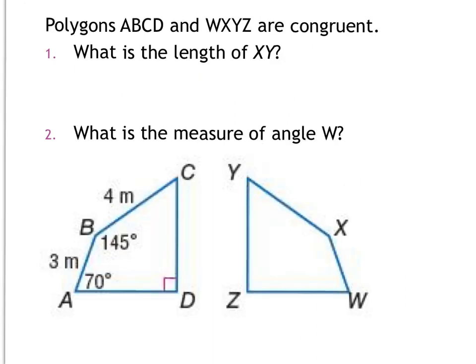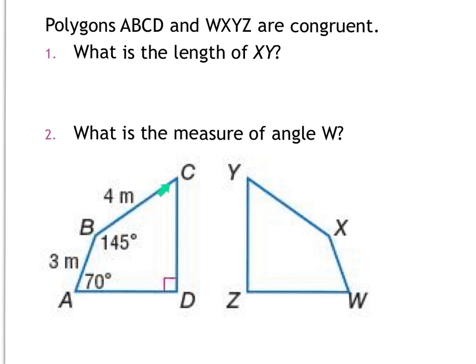Our last example here: why don't you pause the video, and if you're confident, see if you can answer these two questions about these two polygons. Okay, so it says these two polygons are congruent to each other. What is the length of XW? When I'm looking at these two polygons, I look at XW and try to find the corresponding side on the other polygon.